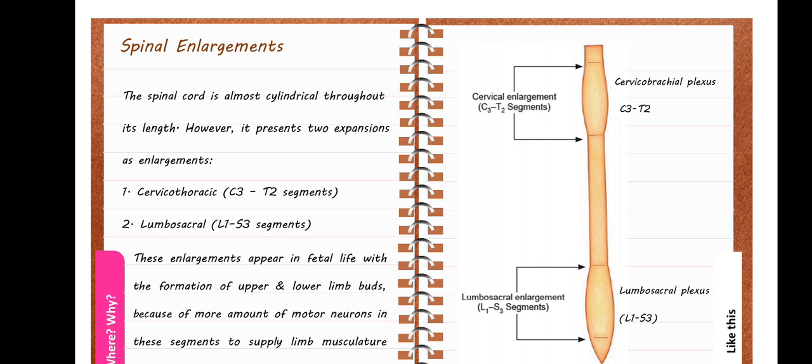We have the cervical enlargement, found around the C3 to T2 spinal segment, and this forms the cervicobrachial plexus. And also we have the second one, called the lumbosacral enlargement, around the L1 to S3 spinal segment, and this forms the lumbosacral plexus.